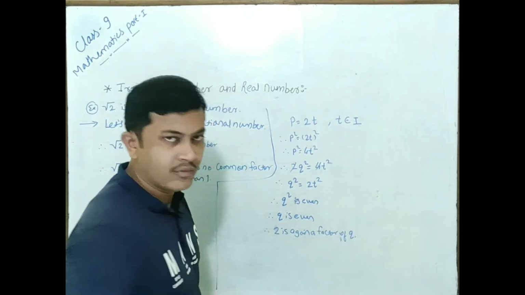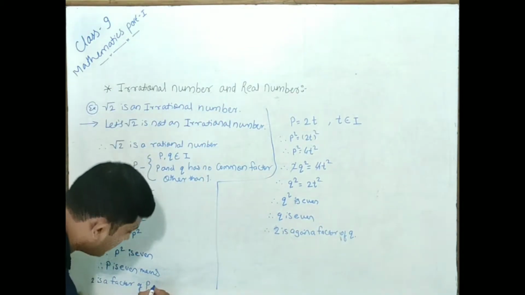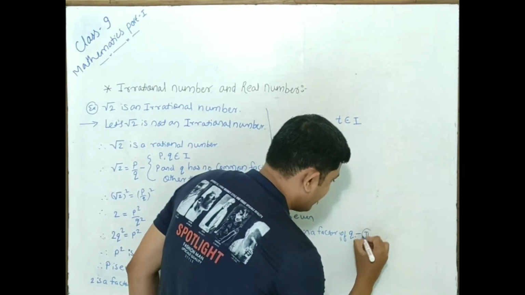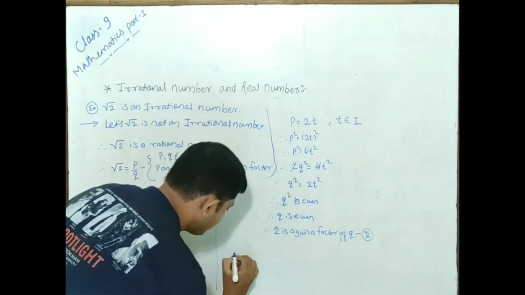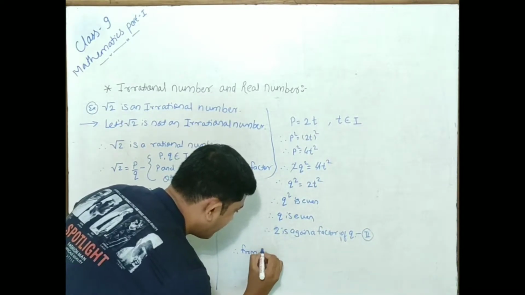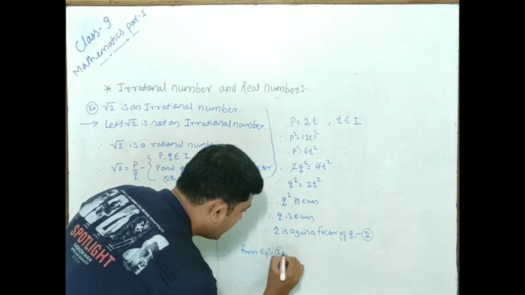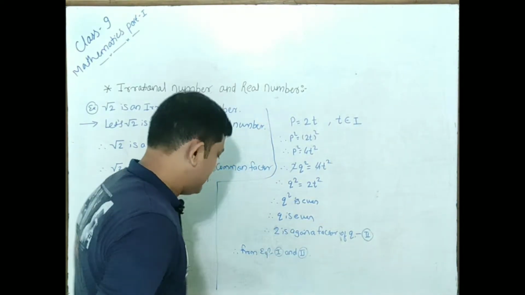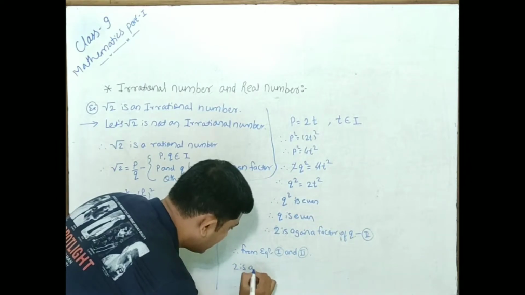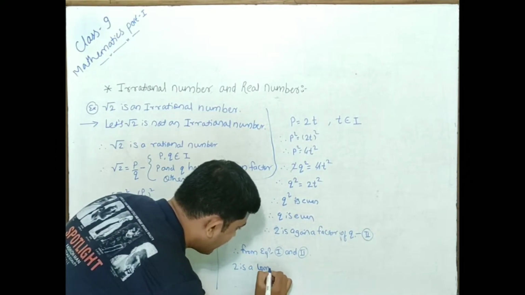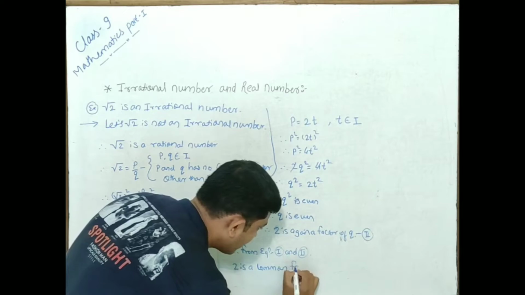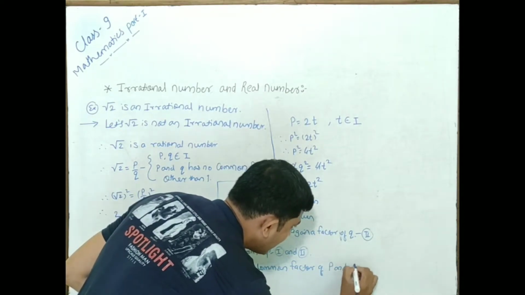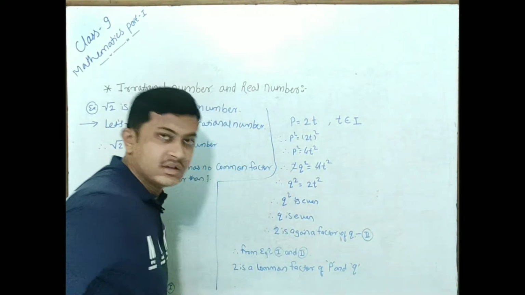See this as equation 1 and this as equation 2. Therefore from equations 1 and 2, what we get here is 2 is a common factor of p and q, which is a contradiction.